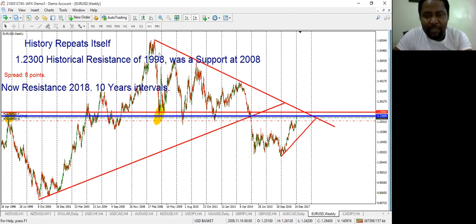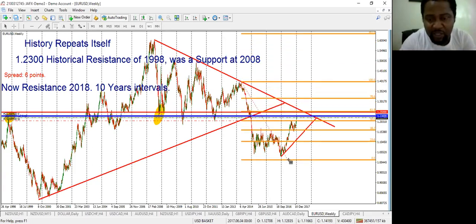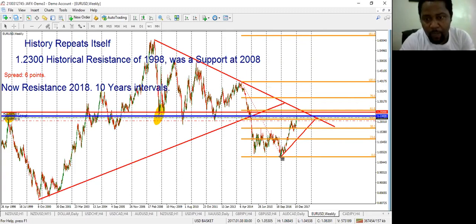But before I do that, let's also check the overall retracement from the 2014 swing, the most current swing. May 2014 swing high to January 2017 swing low.